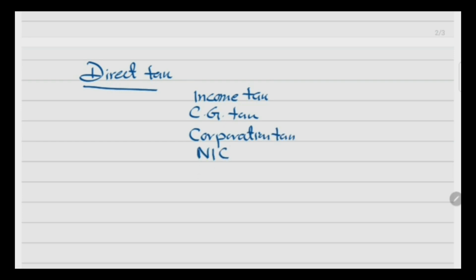Examples of direct tax are income tax, capital gain tax, corporation tax, NIC, and inheritance tax.